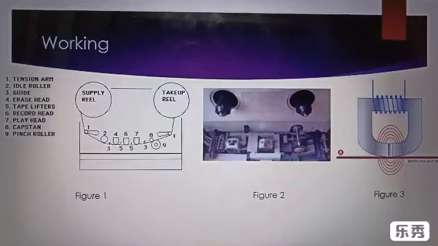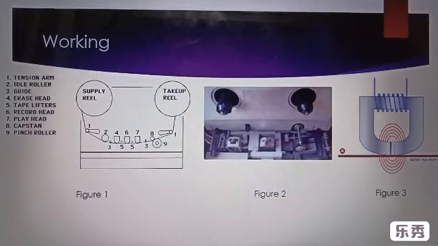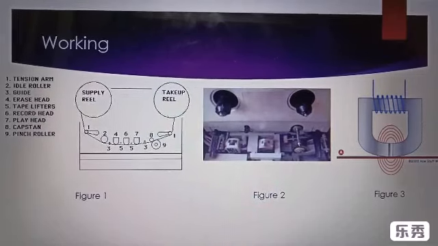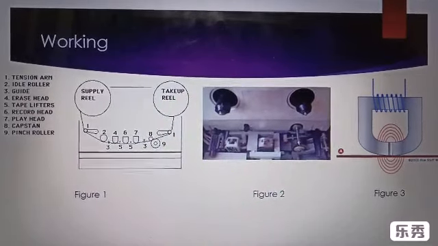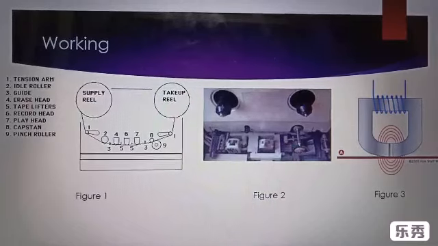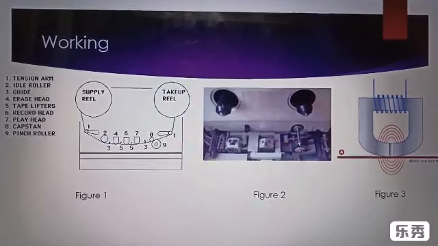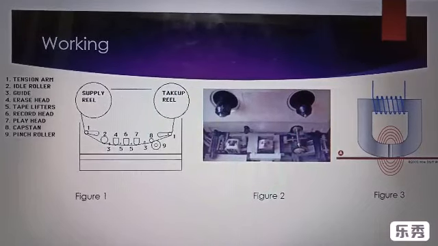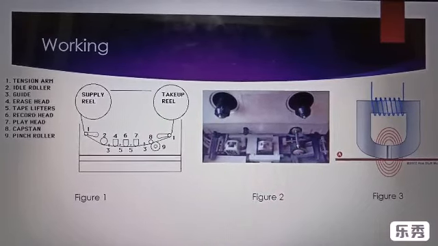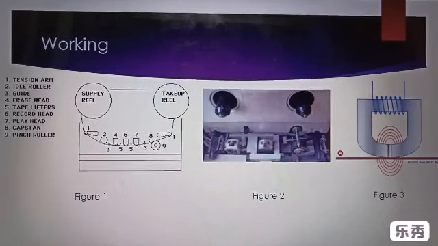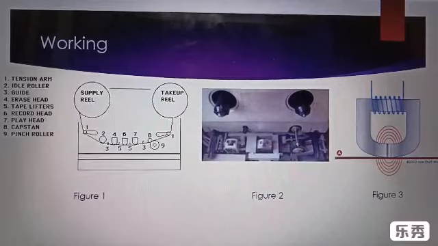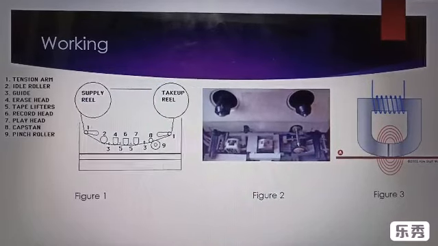So this figure 2 shows the picture of the recorder, that is where we will be inserting the tape cassette. So that's the figure of it. Figure 1 and figure 2 are similar. To give some better information regarding the recorder, I have included that picture.